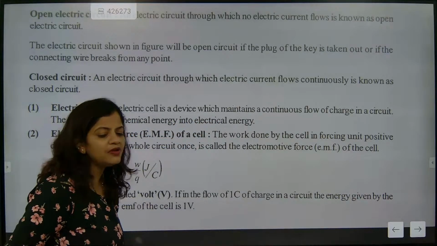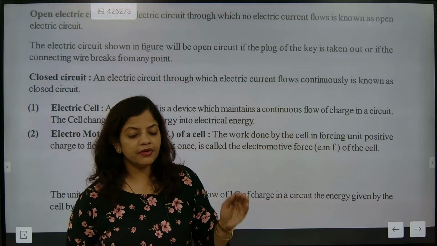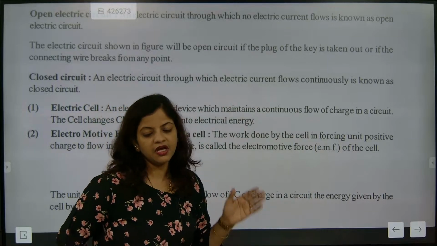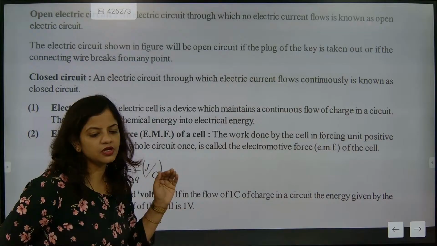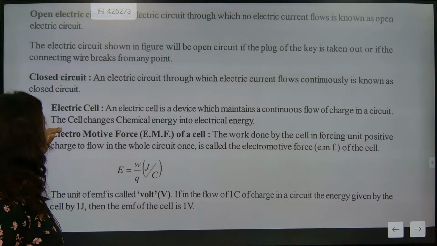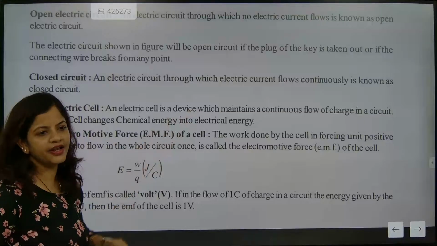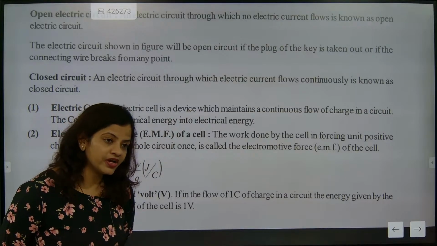In simple words, what they are maintaining is a very important thing, and that is potential difference. Once the potential difference is maintained, the cell changes chemical energy into electrical energy. So chemical energy will get converted into electrical energy.